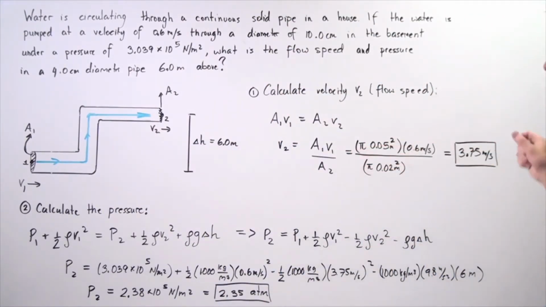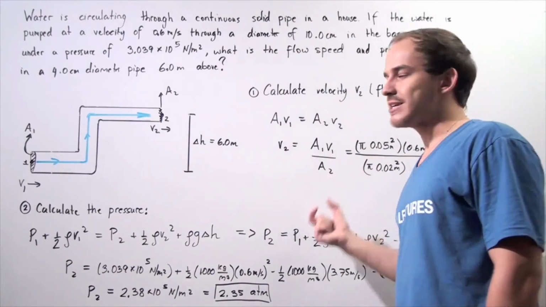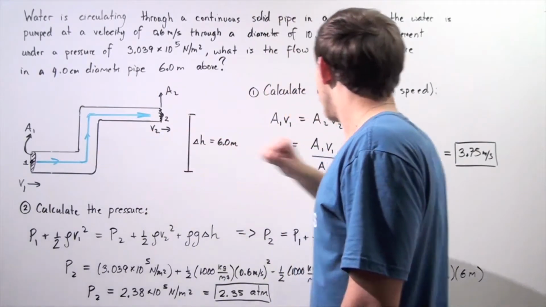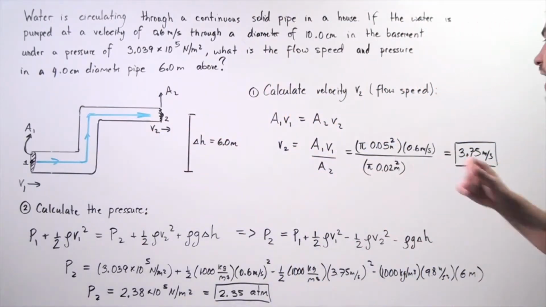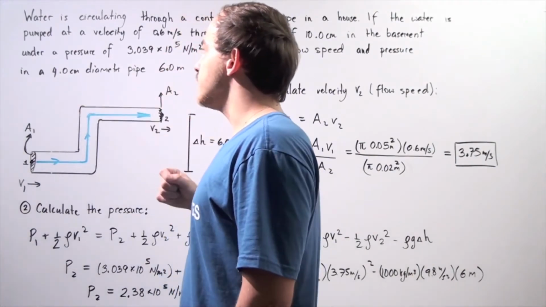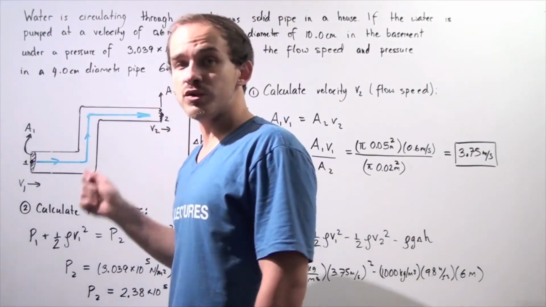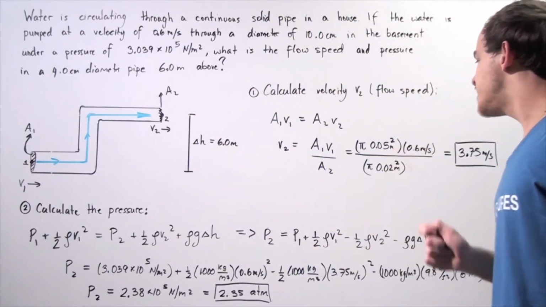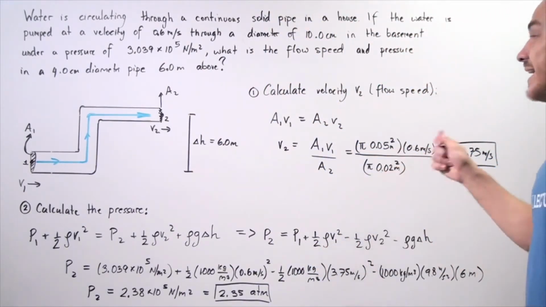So we divide that by the cross-sectional area in section 2 of the pipe 6 meters above our basement. So pi multiplied by, well, we know our diameter is 4 centimeters, so we divide this by 2. We get 2 centimeters as the radius and divide that by 100 to obtain our radius in meters.